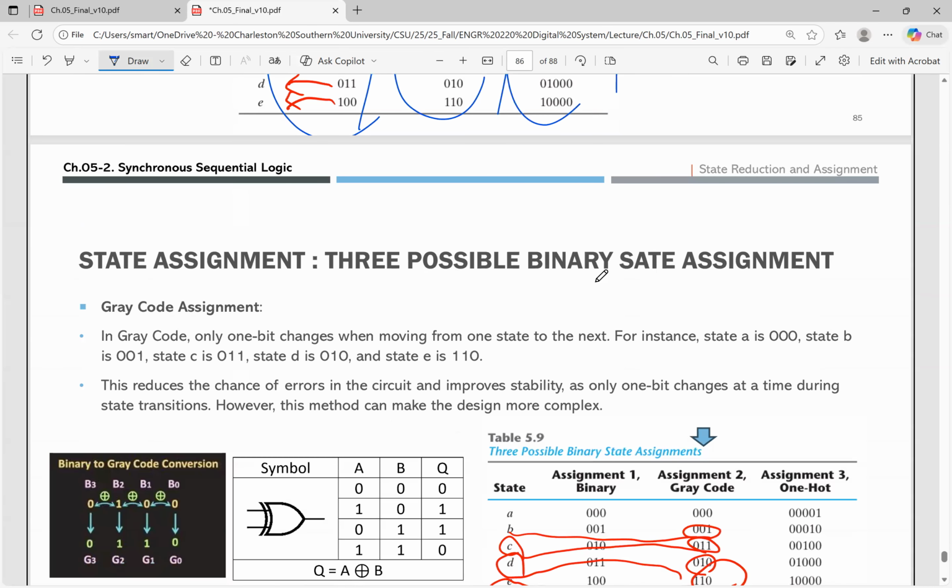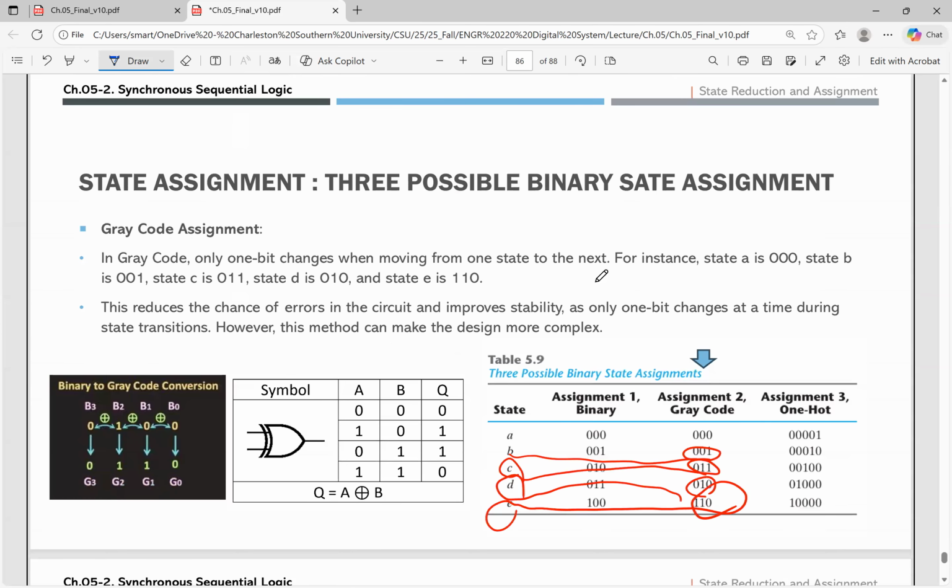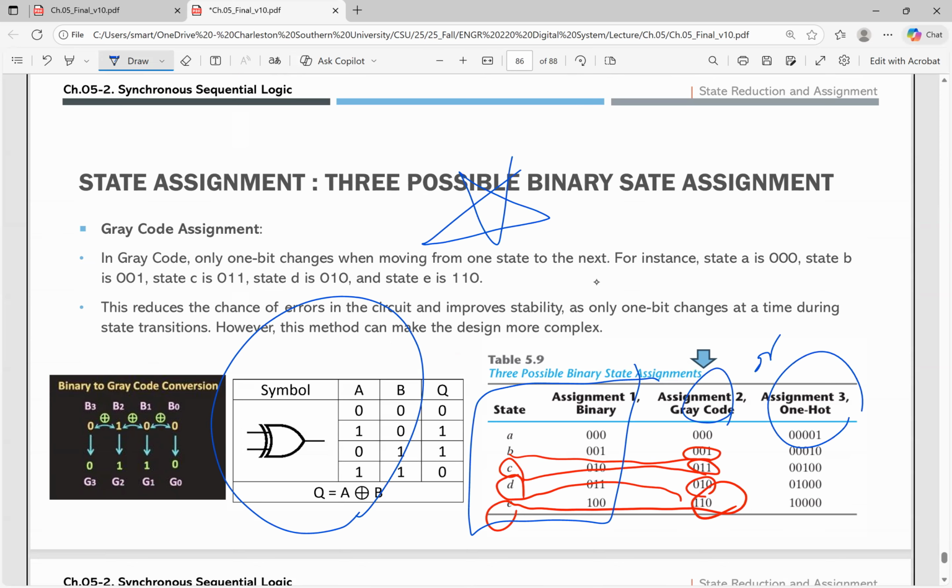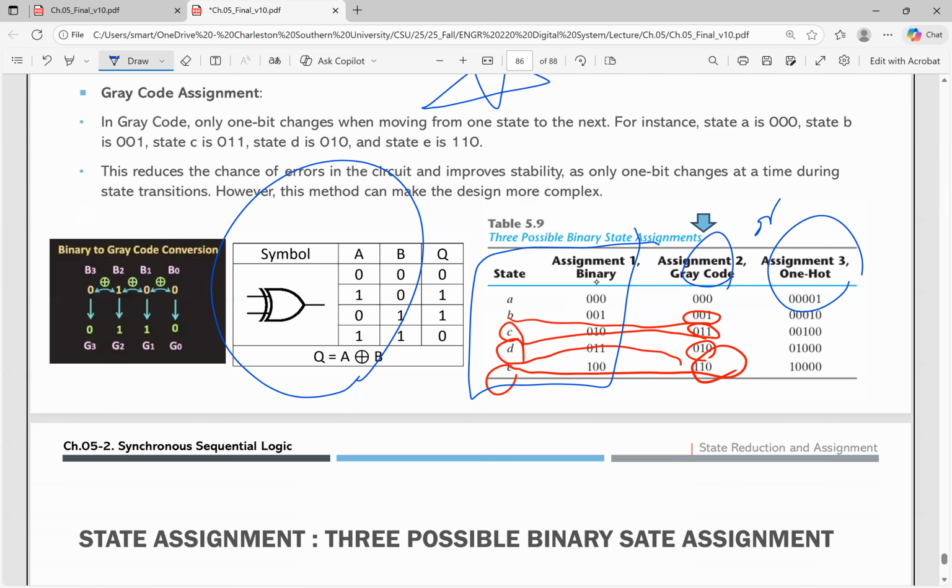I strongly recommend you do the practice, especially the gray code. Okay. So I'm going to give you the question, the gray code assignment, and the one hot code as well. Okay.